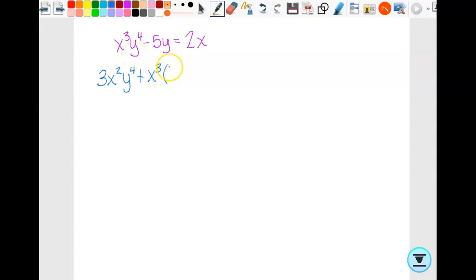So this is going to be multiplied by 4y cubed, because that's the derivative of y to the 4th, and then I have to put dy/dx on it. Minus the derivative of 5y is 5, but I have to put a dy/dx on it because I was taking the derivative of a y term. Equals the derivative of 2x is 2 dx/dx.